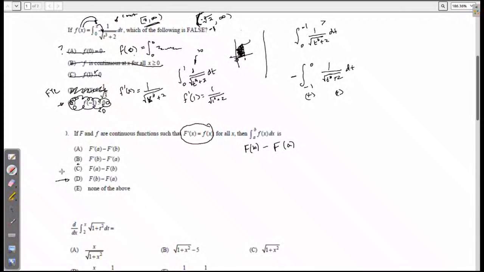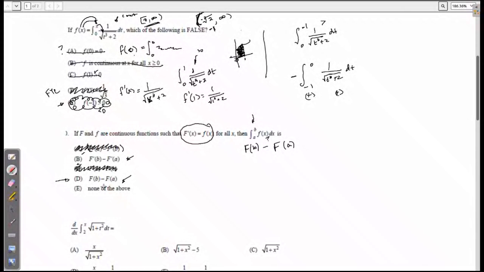Please notice that if I didn't know this, I could still eliminate some of the choices. I know that I'm not going to take any function evaluated at a and subtract its evaluation at b because of the way these limits are, not at least without sticking a negative in front of that expression, which really leads this almost to a 50-50 type situation.